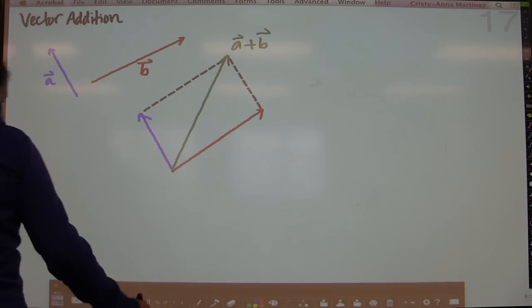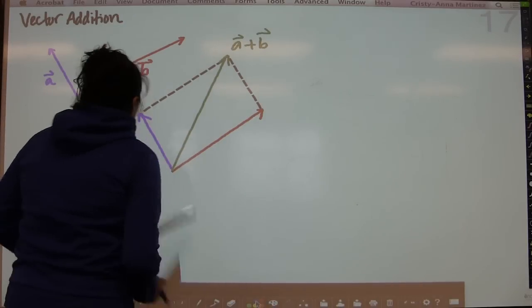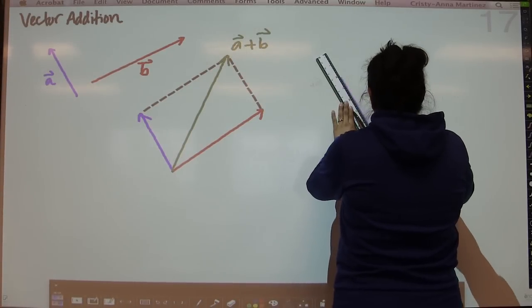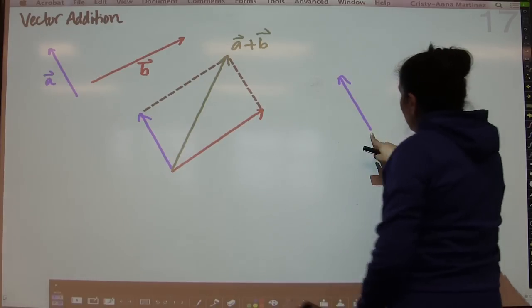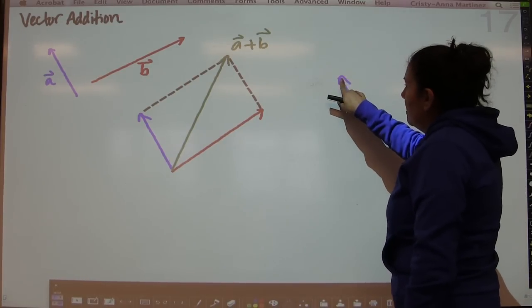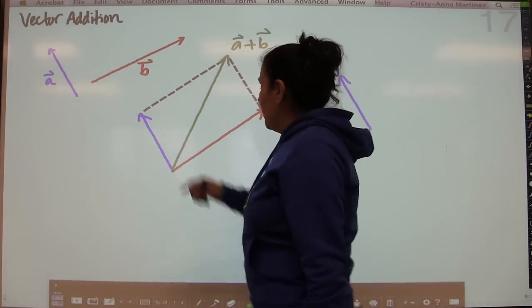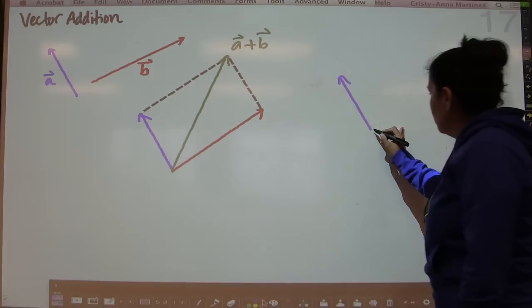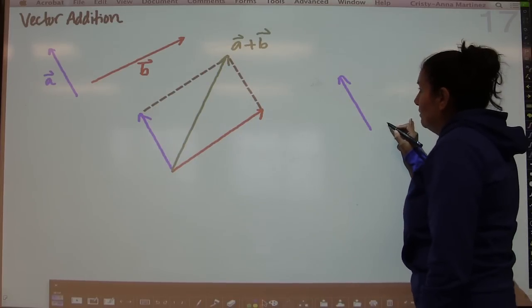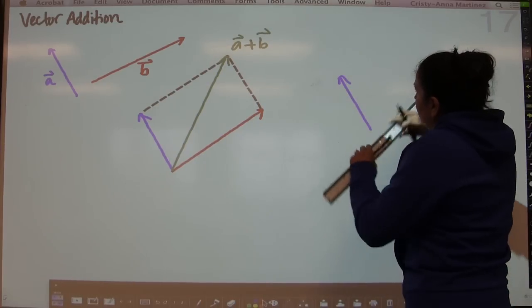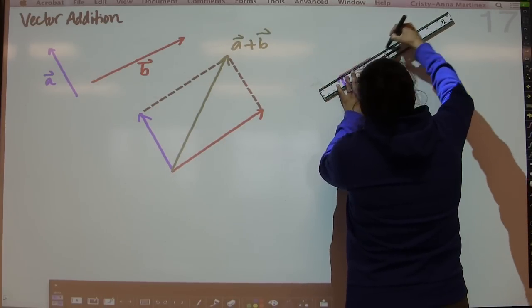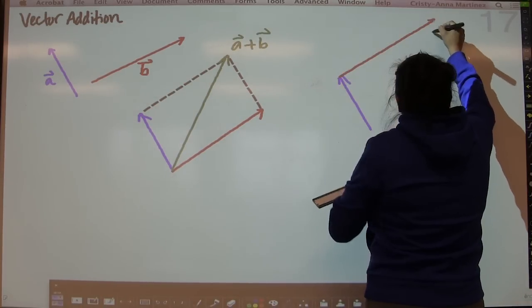So the triangle method would take this blue A vector, and this is my tail and my tip, and then I would take the red vector, and instead of putting it tail to tail, I'm going to put it tail to tip. So here's my tip, and I'm going to put my red vector at the tip of my other vector.